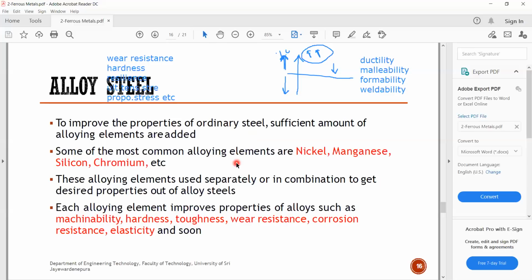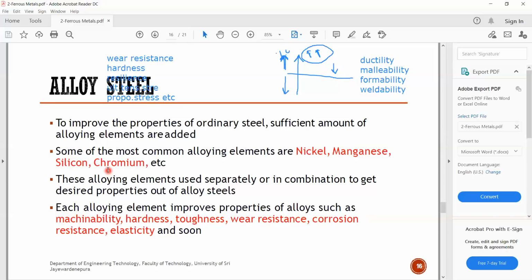As an example, what are the alloying elements? Nickel, manganese, silicon, chromium, right? These alloying elements are used separately or in combination to get the desired properties. That means you can add one alloying element, or more than one, right?